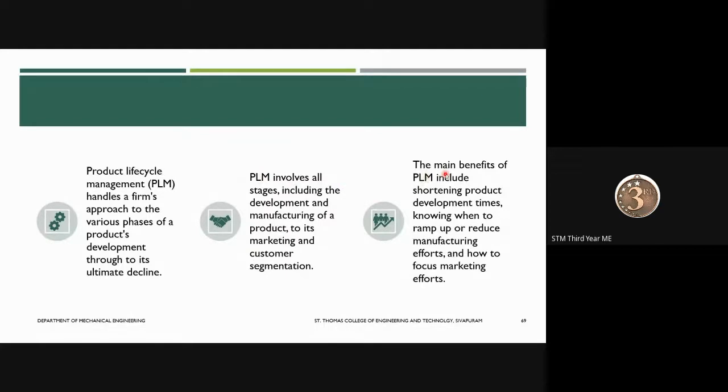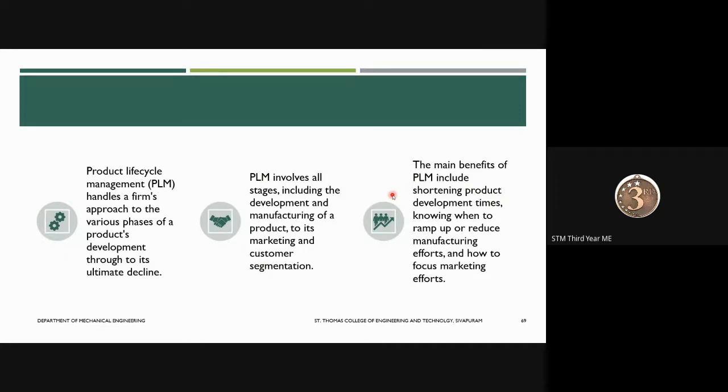Then the main benefits of using PLM include shortening product development time. If we are forecasting, we can take less time for product development. We have already discussed such a thing during agile manufacturing, wherein we were focused on producing the product as early as possible so as to keep the demand alive.